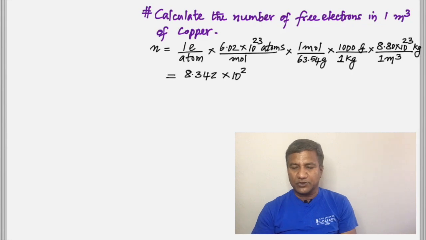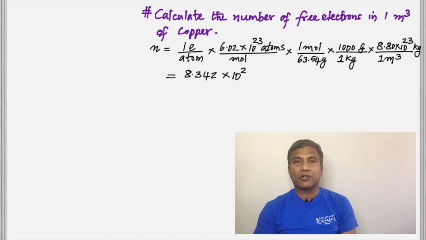If you look at those units, you see that the atoms and the atoms get cancelled, the mole and the mole cancel off, the kilogram and the kilogram again cancel off, and finally you're left with the number of electrons in 1 meter cube. So you have to look at this and carefully think about it.